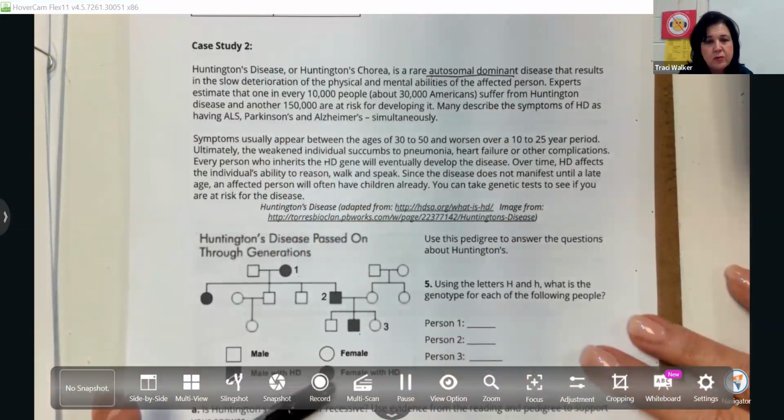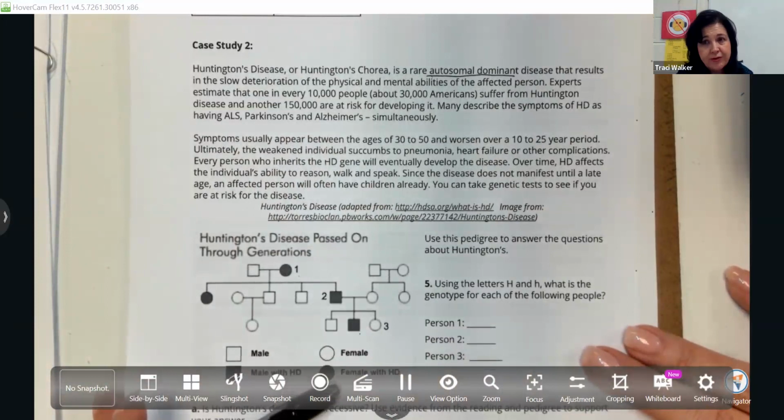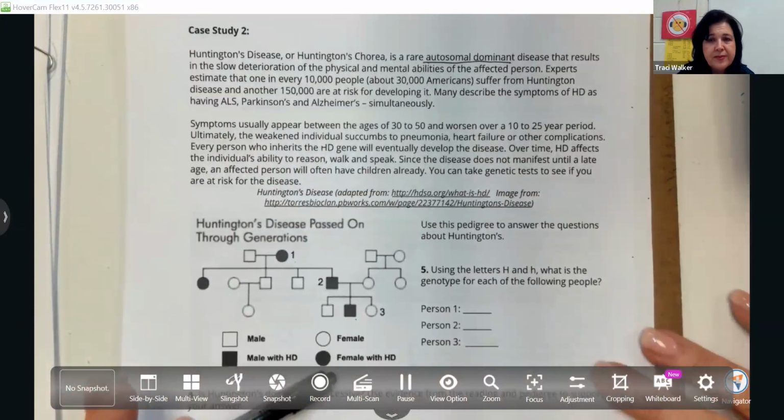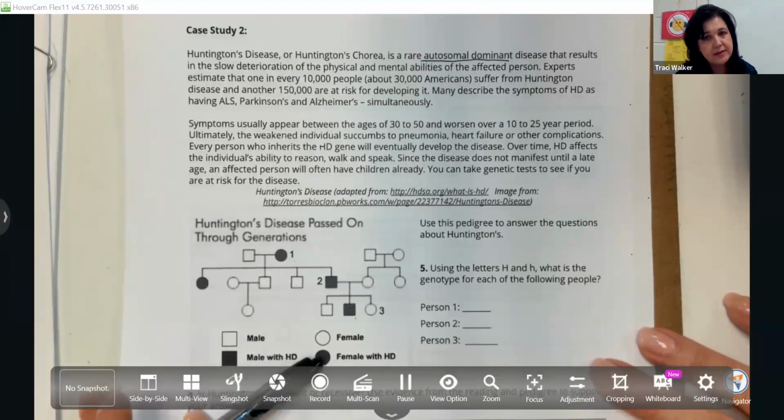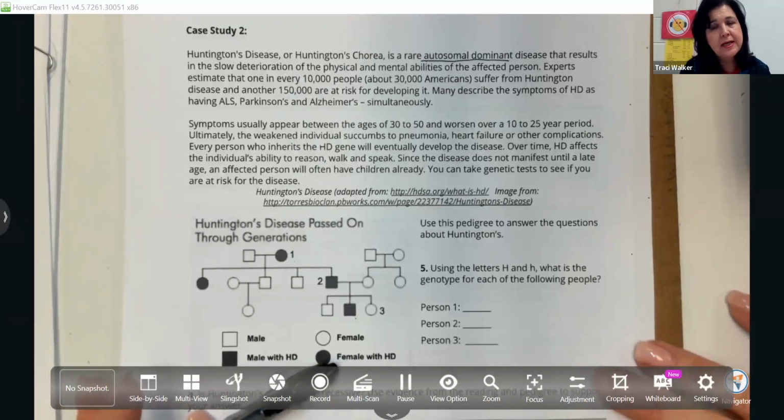Experts estimate that 1 in every 10,000 people, about 30,000 Americans, suffer from Huntington disease, and another 150,000 are at risk for developing it. Many describe the symptoms of HD as having ALS, Parkinson's, and Alzheimer's simultaneously. So it's a pretty bad disease.